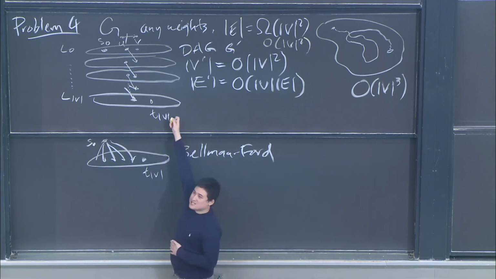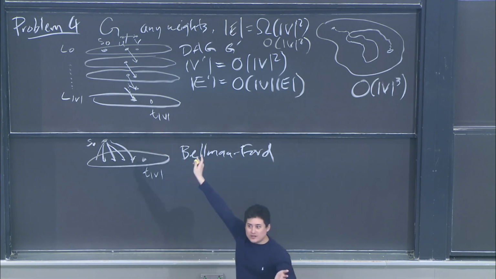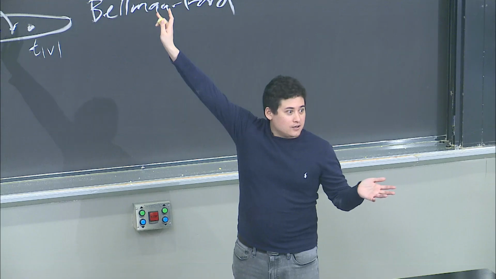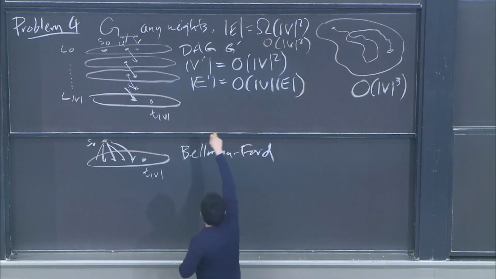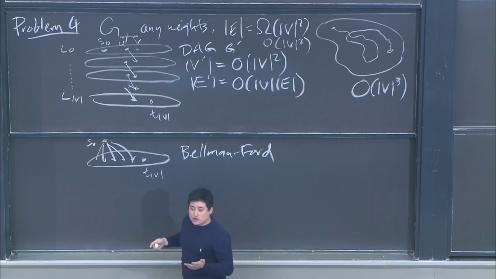Jason, why couldn't we just add a bunch of edges here, right? Add our original edges here in the bottom layer of this graph and run Bellman-Ford on this entire graph? Why couldn't I do that? It's too big, right? The number of vertices is v squared. The number of edges is potentially v cubed.